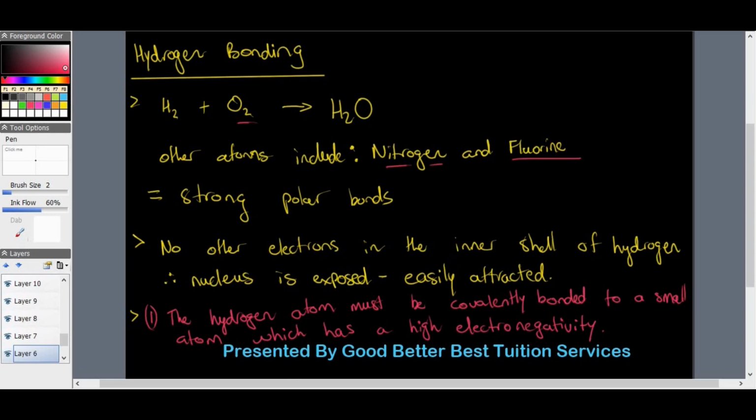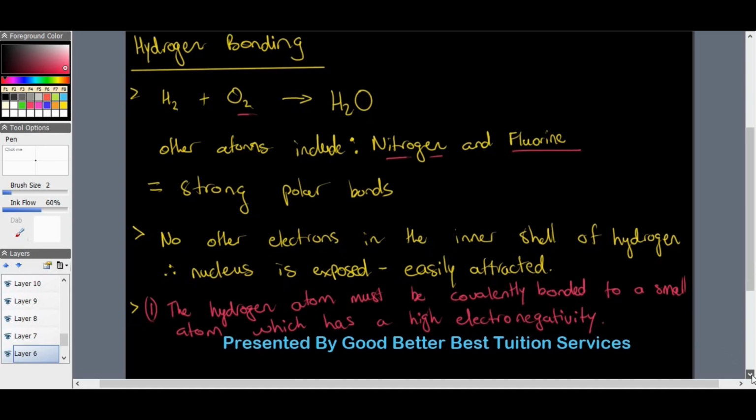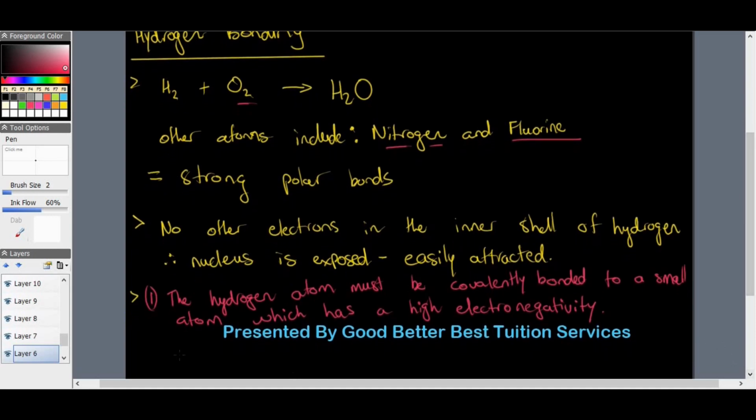Okay, and I have to unfortunately go underneath our little banner here, but the second condition is that there must be a lone pair of electrons on a neighboring high electronegativity atom.